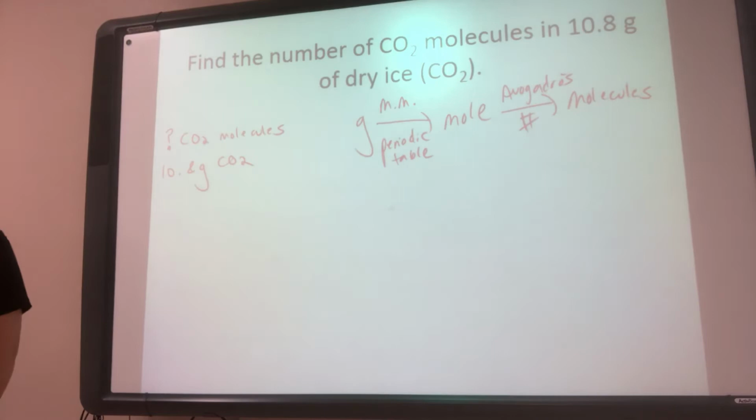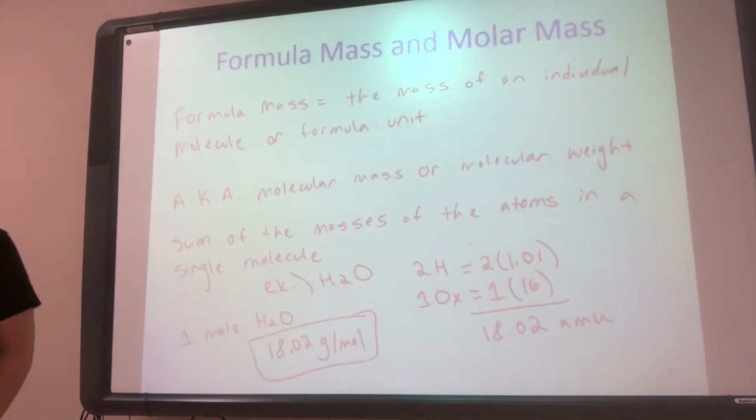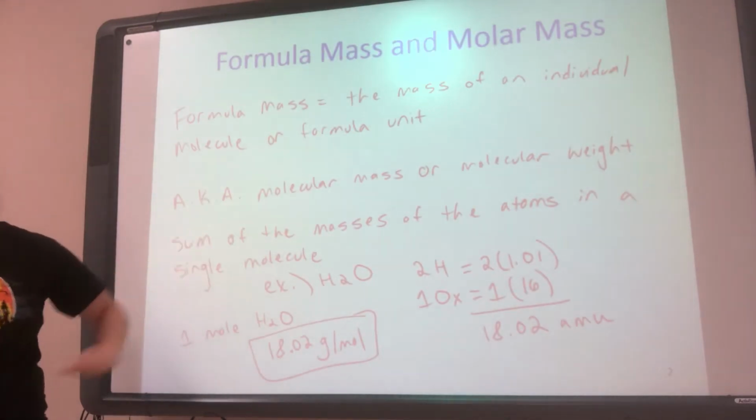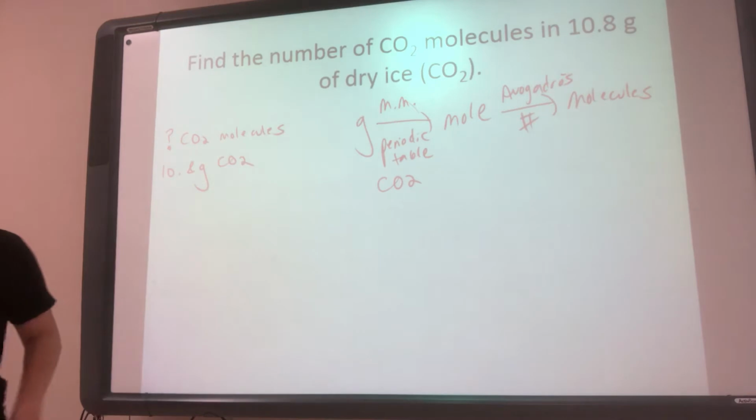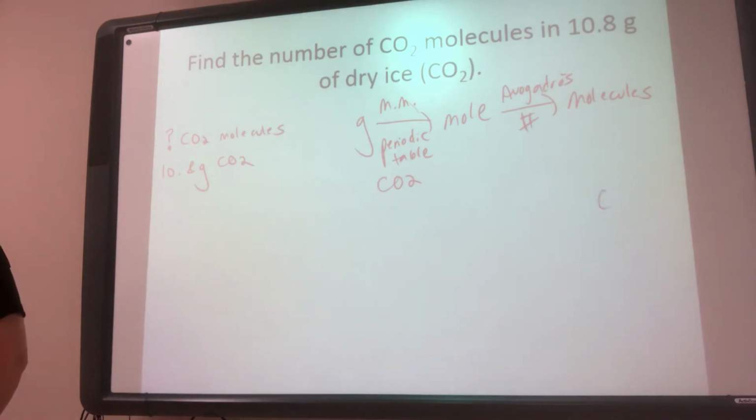So let's refresh this. So this is the molar mass from the periodic table, but it's for CO2 now. So this is what we just talked about here in the previous slide. So since it's CO2, I actually have to use the periodic table and add it up. So I'm going to do that on the side here. So for CO2, I have 1 carbon and I have 2 oxygens.